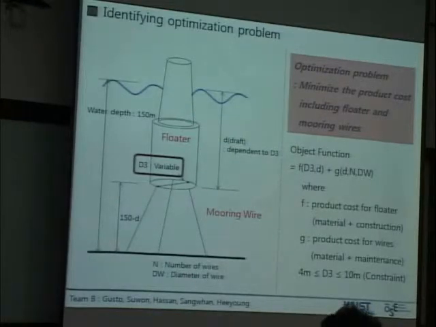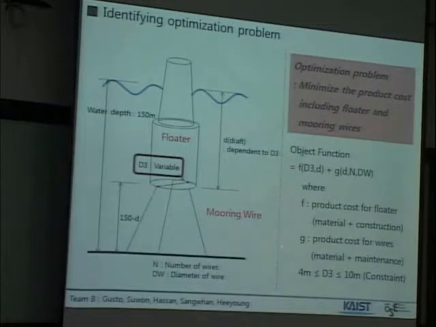So the objective function has two terms in production cost. One is the F function, which is the product cost for the floater. As D3 and D increase, maybe the material cost will increase, and the construction costs are related to these two values.